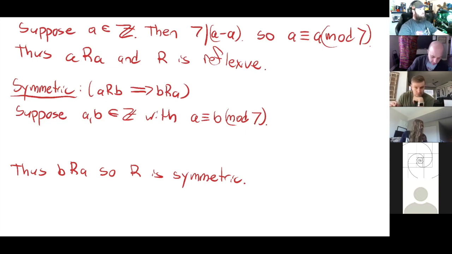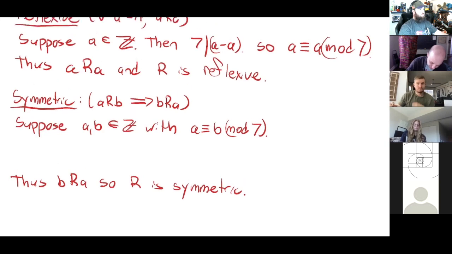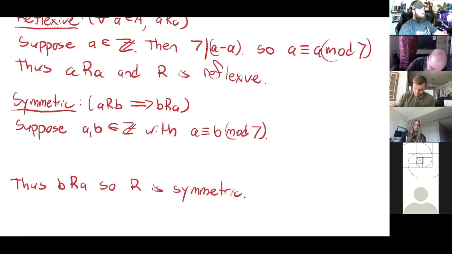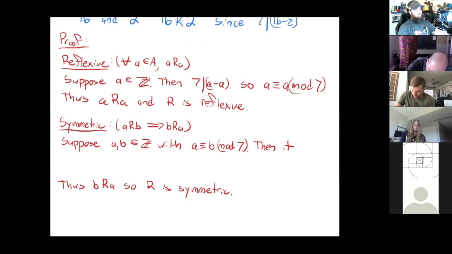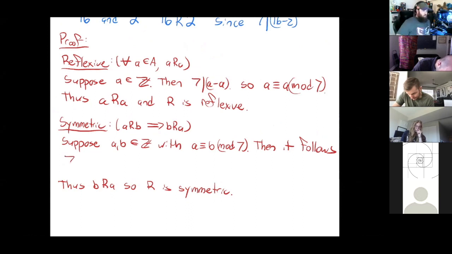So for this one, we've got A is related to B mod 7. From this, we can use the definition for congruence mod 7 to say that it's going to follow that 7 divides A minus B.